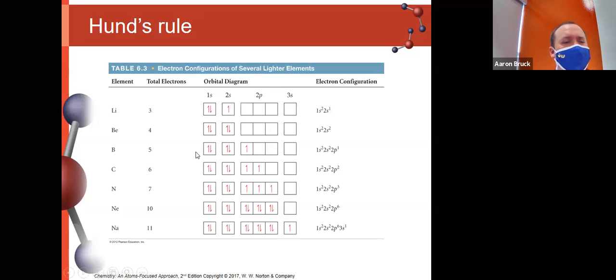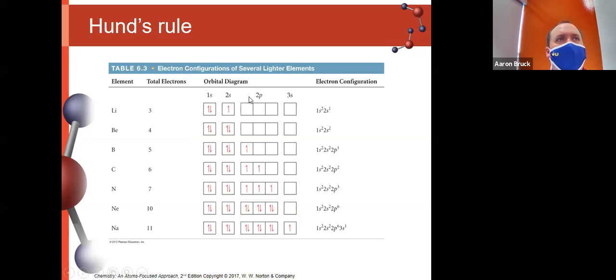As an illustration of Hund's rule, we get into something called orbital notation. Orbital notation breaks each sublevel into its representative number of orbitals. So the s sublevel only has one orbital, so we just see it depicted as a single box or a single line.